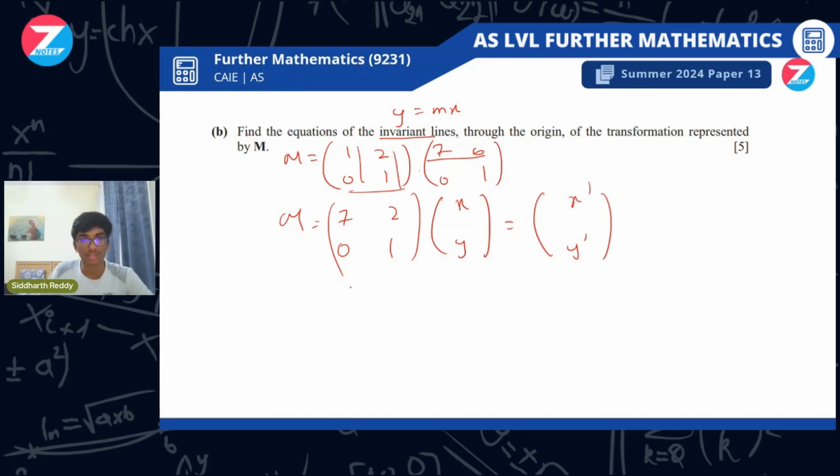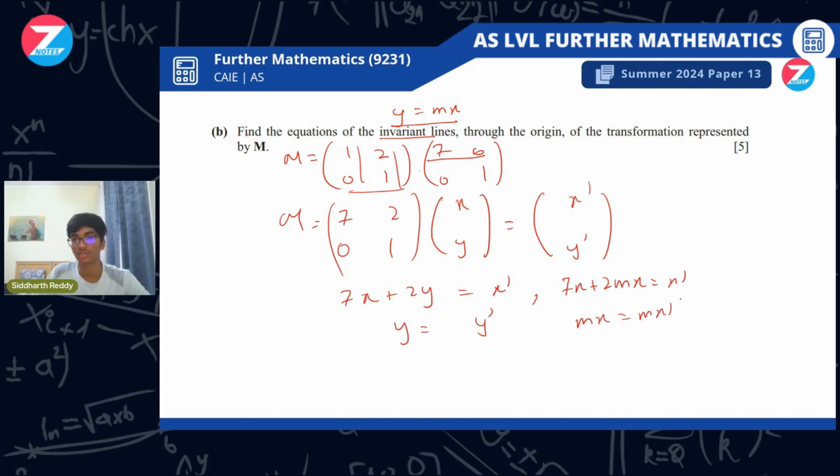We can write this as 7x plus 2y equals x dash, and y equals y dash. Since it's a linear line, we can write y in terms of x and m. So we have 7x plus 2mx equals x dash, and mx equals y dash. We can substitute x dash here.